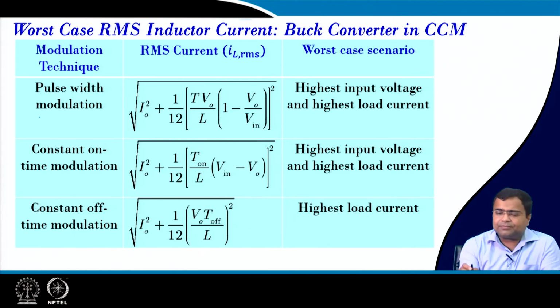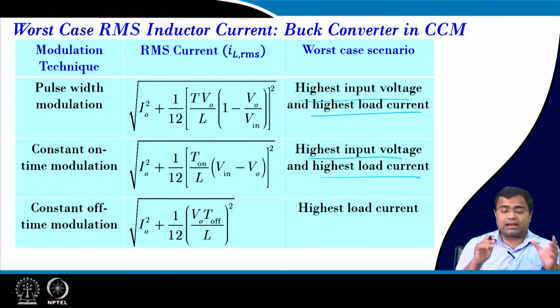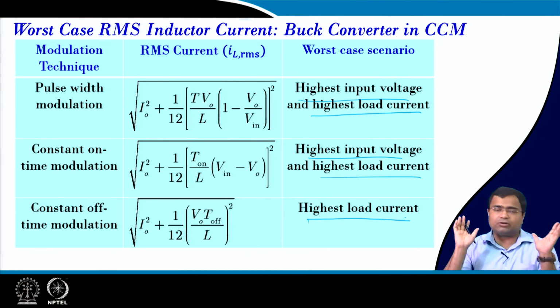Generally the worst case inductor current RMS value will be under highest input voltage condition, and it will also happen at the highest load current. Under constant on time, it is again highest input voltage and highest load current, and under constant off time the ripple is insensitive, but the RMS current can be worst under highest load current condition.